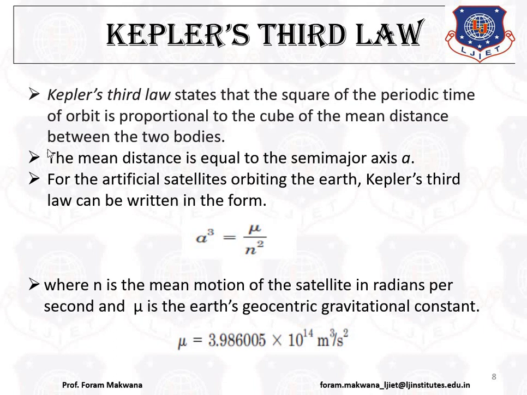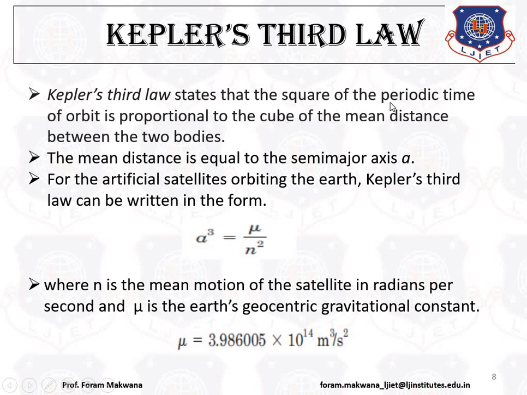Over here, the mean distance is the same as the semi-major axis, that is small a. So if we want to write Kepler's third law in terms of equation, then it can be represented as a cube is equal to mu upon n square.